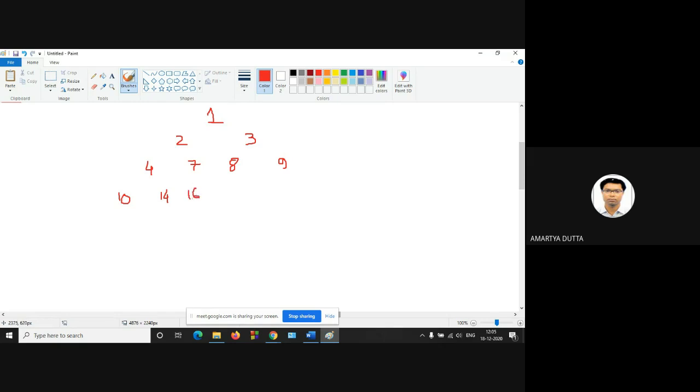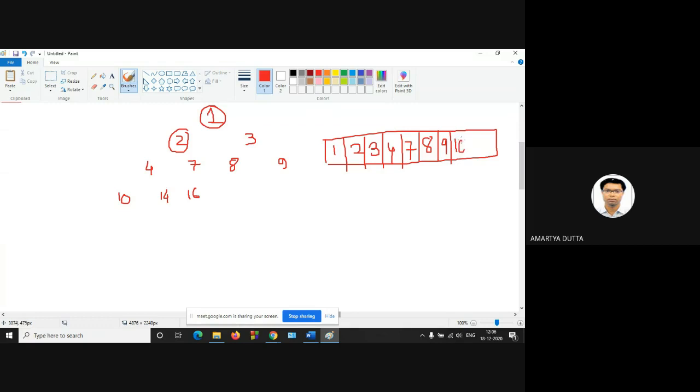Now, as this is a complete binary tree, just write it down in this way: one, two, three, four, seven, eight, nine, 10, and then 14 and 16.